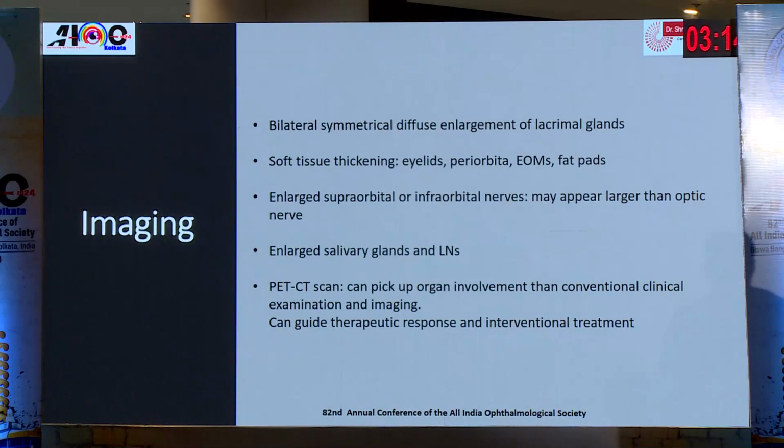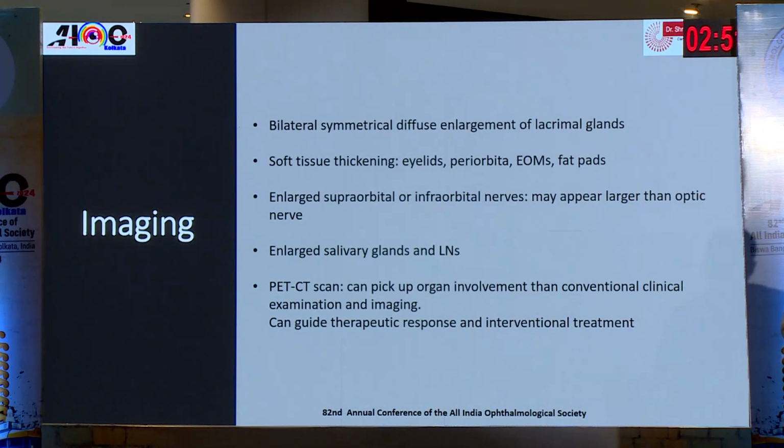So in imaging, CT or MRI will show bilateral symmetrical diffuse enlargement of the lacrimal glands, and depending on the site, there can be soft tissue thickening in various organs. Then MRI can also show enlarged supraorbital and infraorbital nerves, and sometimes these nerves may even become thicker than the optic nerve on imaging.